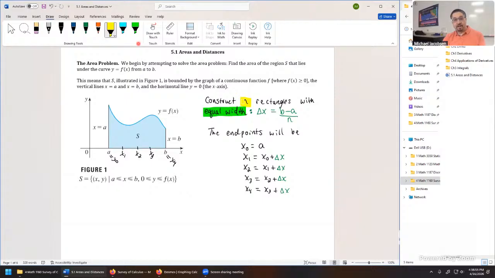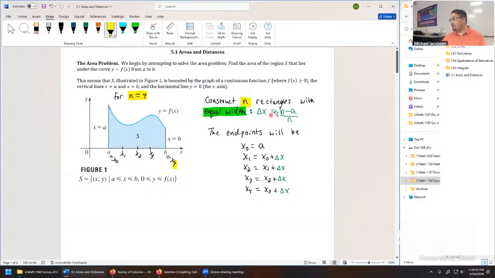So generically, there's going to be n rectangles, but in our diagram, we ended up on x4. So this is a diagram for n equals 4 specifically. And the reading shows some really nice diagrams, when computer graphics are given n is 10, 20, 50, 100, and so on, to show what happens when we draw those rectangles. We're doing it just once.